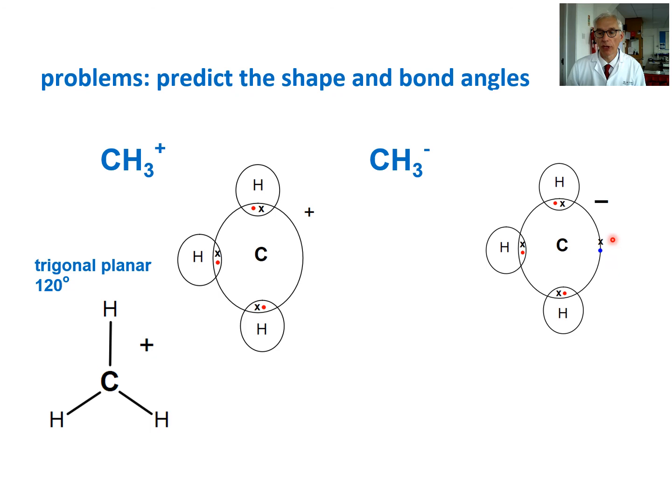We've got the 4th carbon electron, but we have an additional electron, hence the negative charge. So around the central carbon, we've got 3 bond pairs and a lone pair. So now we're looking at ammonia as our model. So we're following the shape of ammonia, the 3 bond pair and 1 lone pair model, and that of course gives us a bond angle of 107 and a shape of trigonal pyramidal.